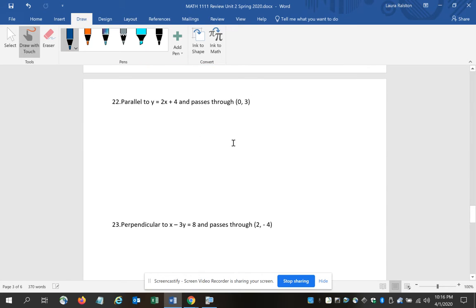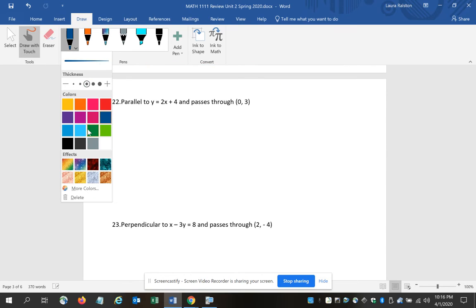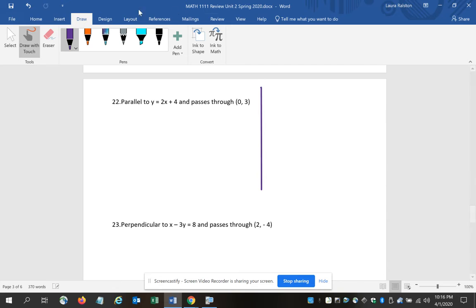Question 22, same instructions. Find the equation of the line that is parallel to y equals 2x plus 4 and passes through (0, 3). Okay, so here again, when you see those statements, I want you to think, okay, I need the slope, I need a point, and then you need point slope.